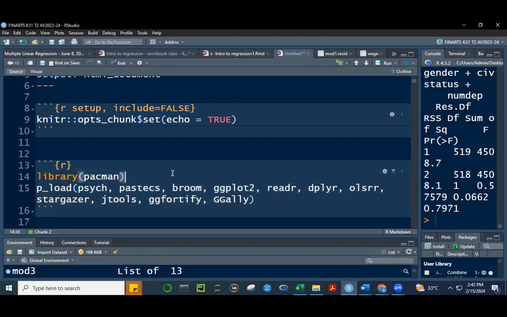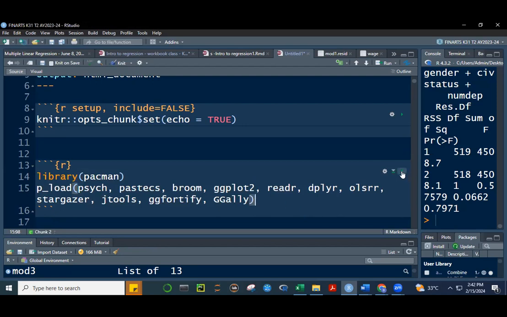Notice I did not put here tidyverse. I just put directly ggplot2 with our dplyr, because sometimes it's better to install the package directly.